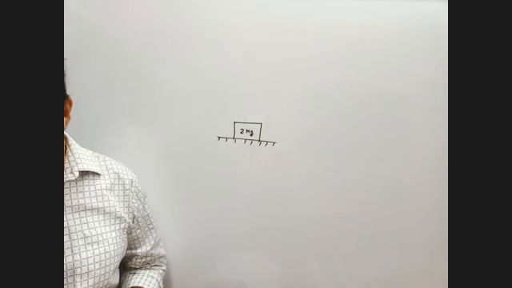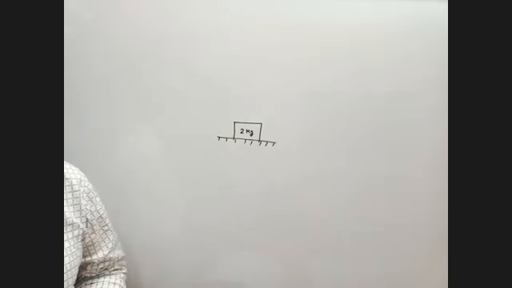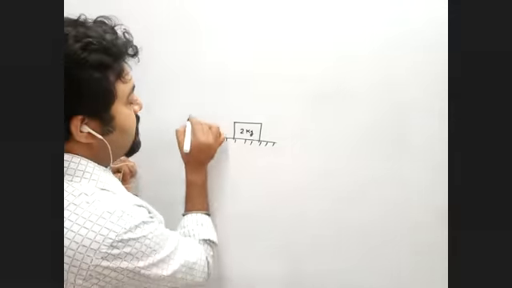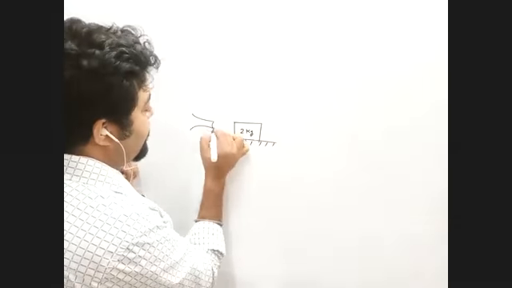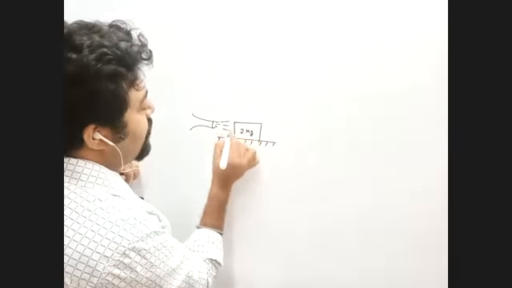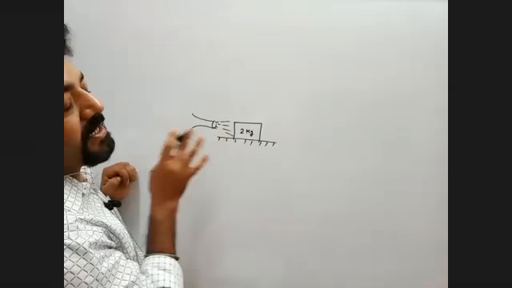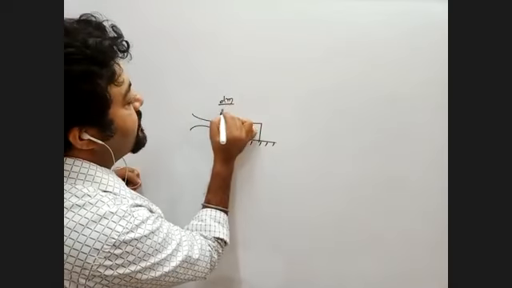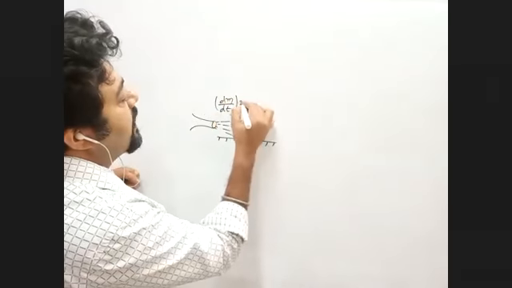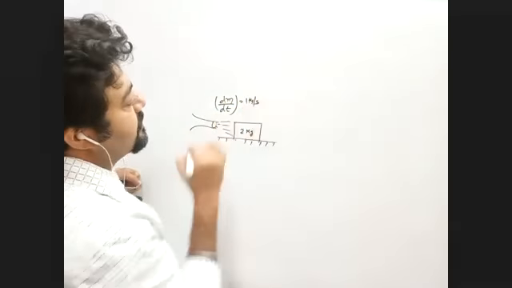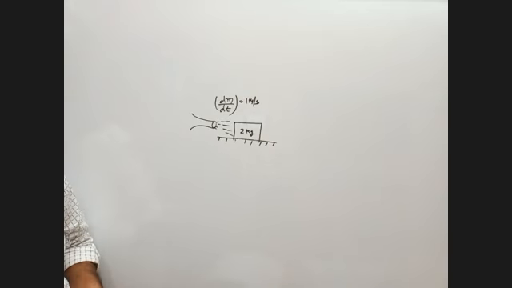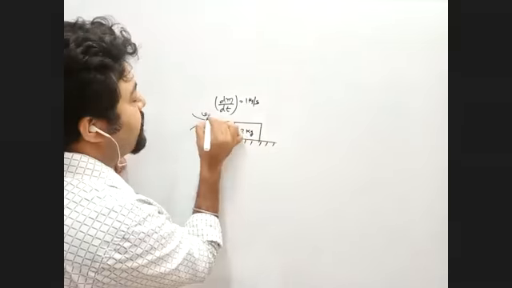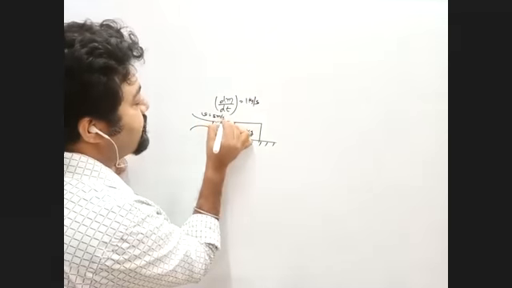It is struck by a jet releasing water at a rate of 1 kg per second, so you have a jet releasing water by which you try to hit that metal, the dm by dt is given as 1 kg per second, and at a speed of 5 meter per second. So the velocity of the water is 5 meter per second.